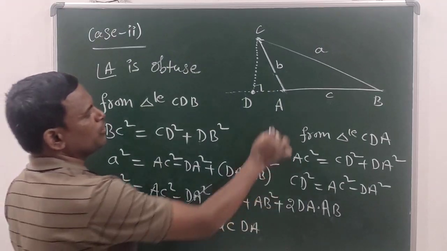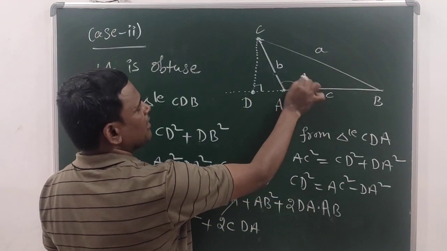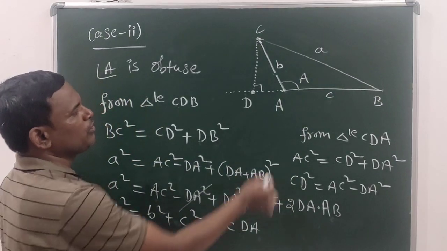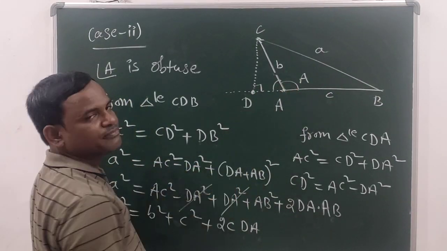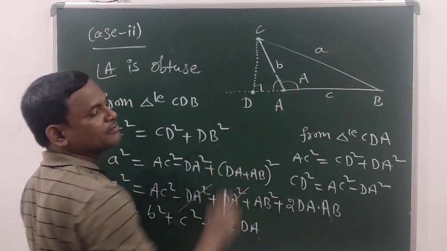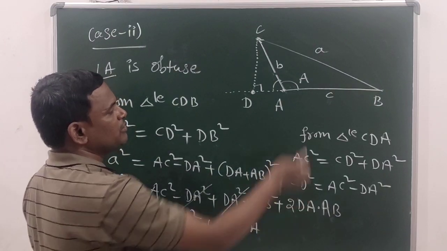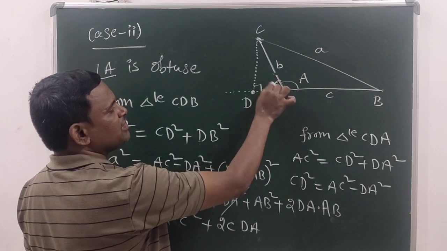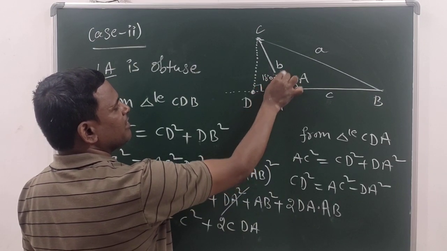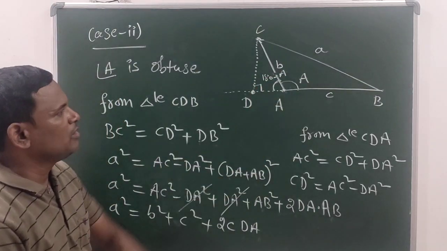So students, this is the interior angle, that is A. So when you come here, how much is this? Both are forming a linear pair. So this is A, obviously this will be 180 minus A. How much is this?